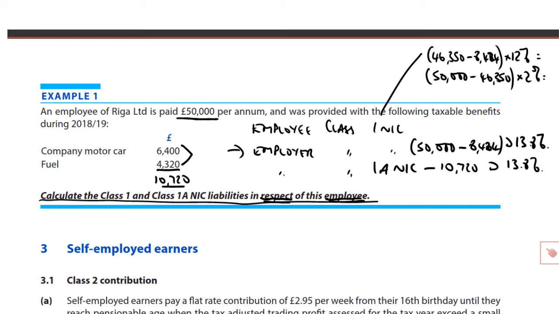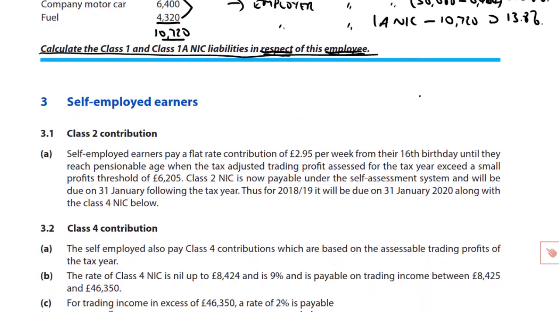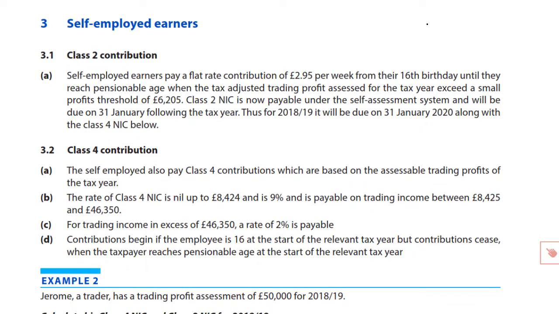So you shouldn't be deducting the £3,000 employment allowance because that deduction is from the total of all of the employer's Class 1 NIC liabilities. It is not a deduction in relation to a specific employee. That is a deduction from the total. Okay, check that out, as I say, and then we move on to looking at the self-employed.